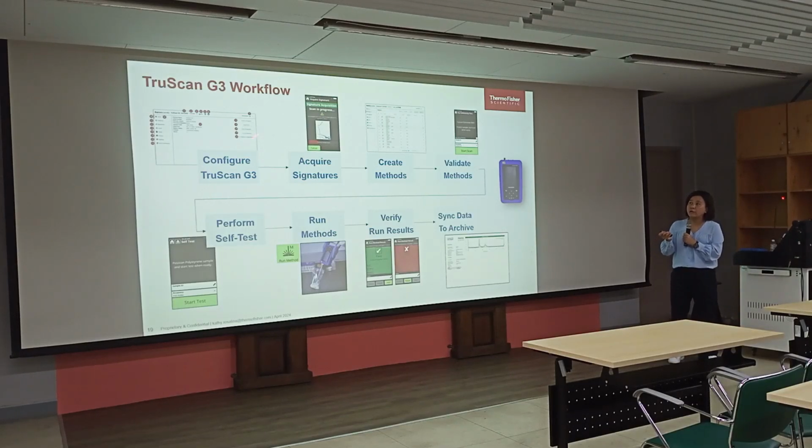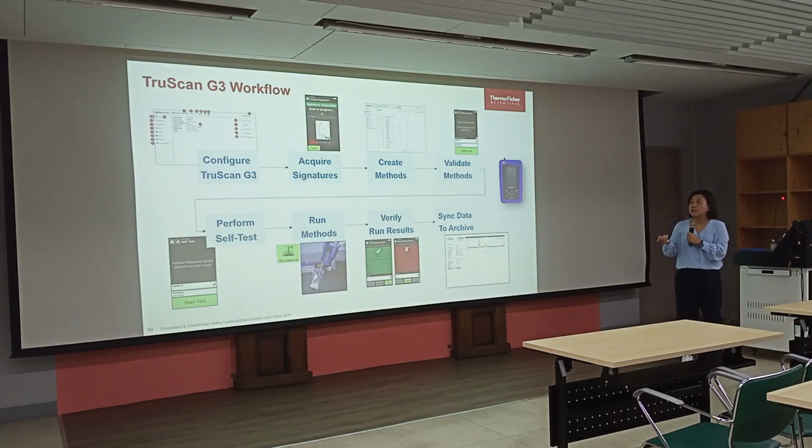First, you have to configure your interface, which we call the web UI, to the instrument. Then we need to create the method, so we have to acquire the signature. Signature here refers to the reference spectra from your reference material, from your retained samples, to do the identification.